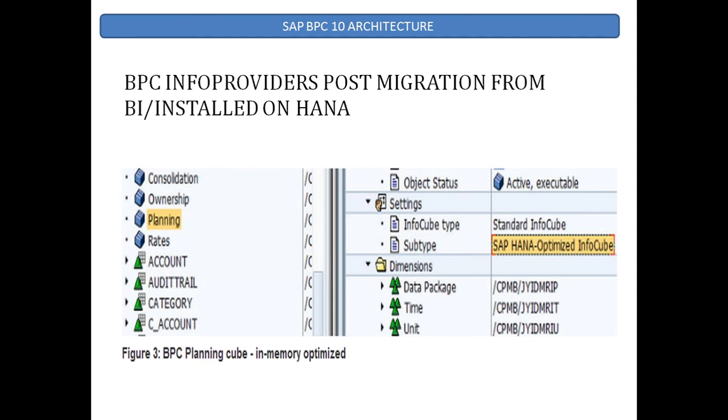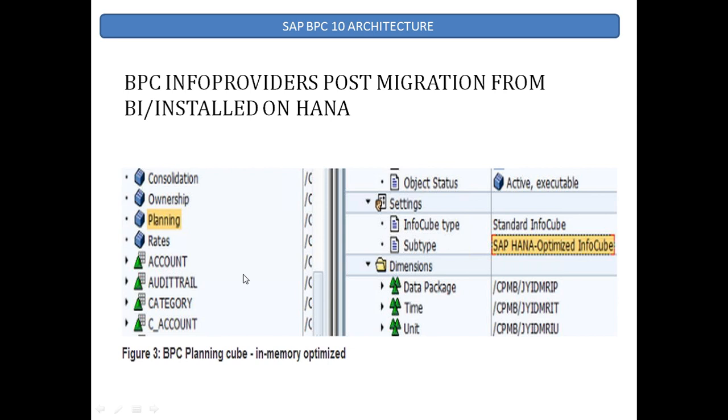Okay, as I said, whenever I create my models, right? This is consolidation, ownership, planning, rates, account, audit trail. These are my cubes. As I said, whenever I create my model in BPC, it creates an InfoCube, right?